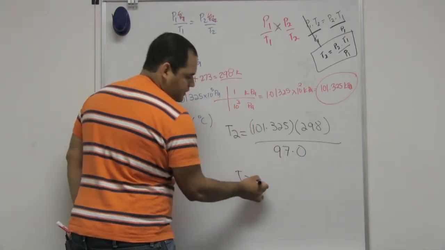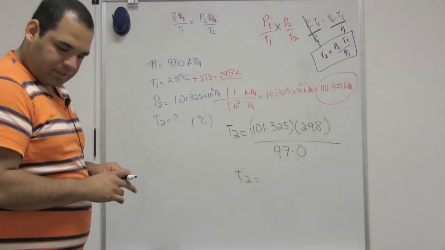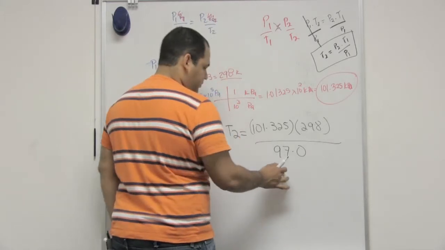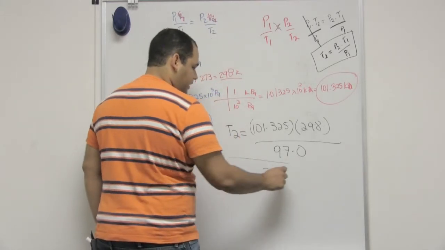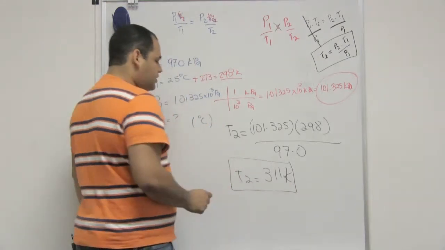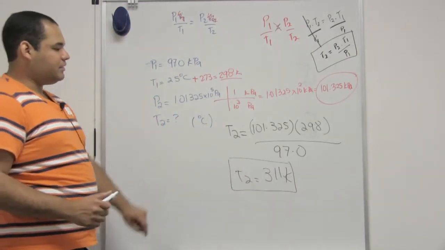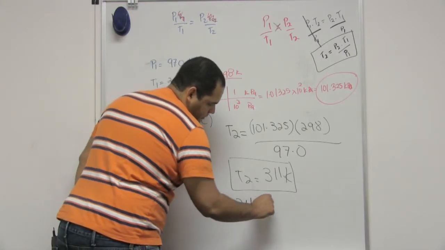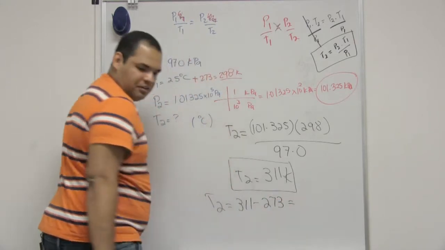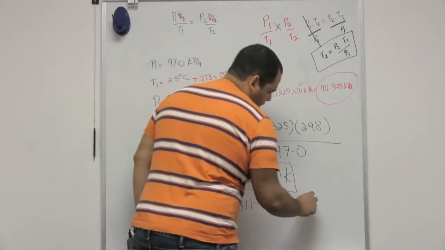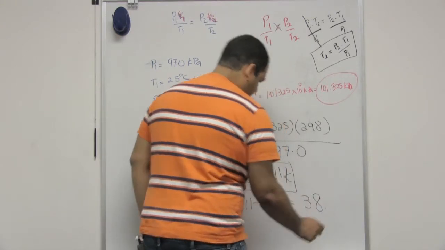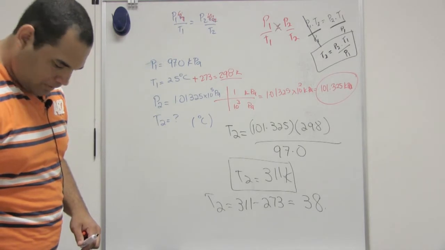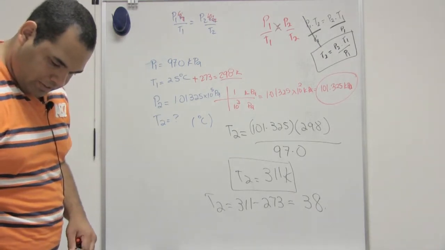So my temperature 2 is equal to 311 kelvins. This is not my final answer yet because the problem asked me to find it in Celsius. So the temperature 2 would be equal to 311 minus 273, giving me 38 Celsius. And just to double check this calculation: minus 273, yes.